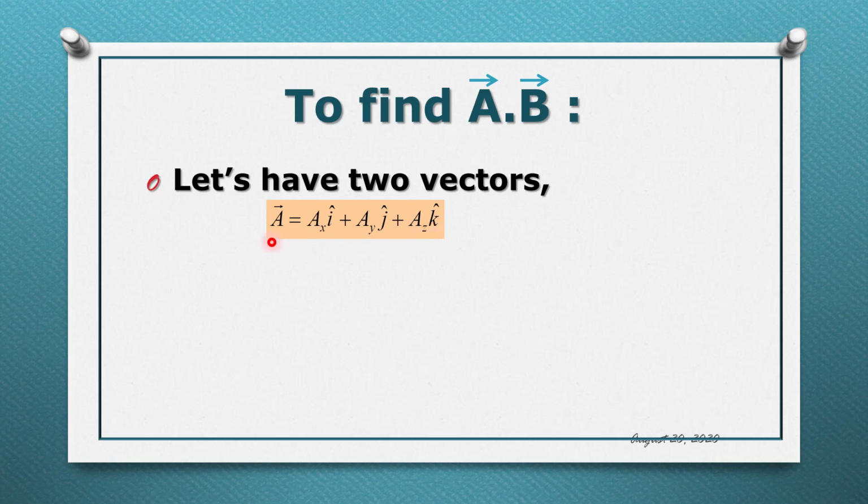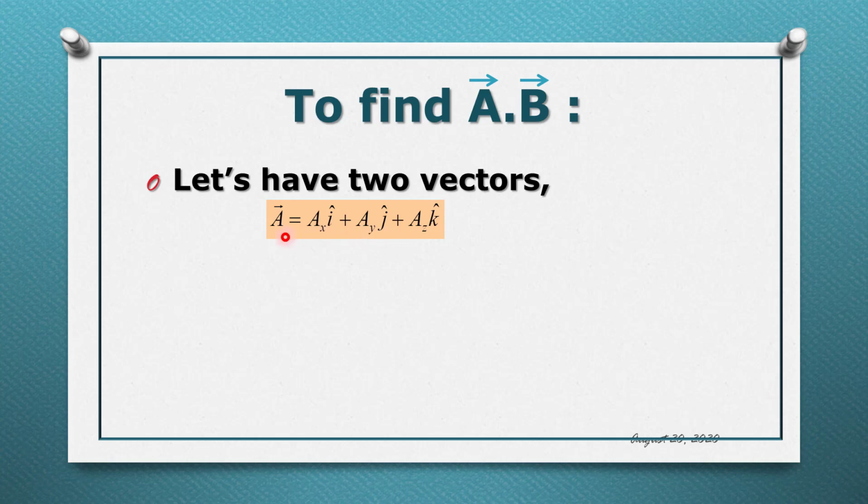This ax could be any value, ay could be any value, and az could be any value. It could be 2i hat plus 3j hat minus 4k hat, whatever value it is, it doesn't matter. We are just writing the general representation of a vector.